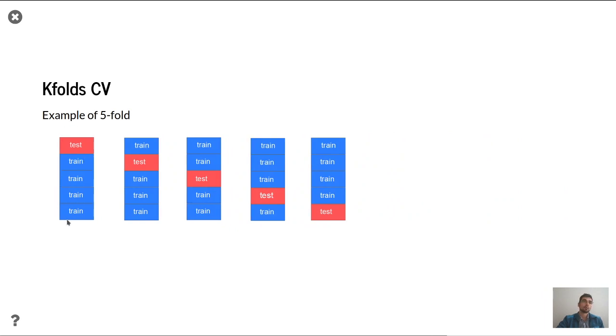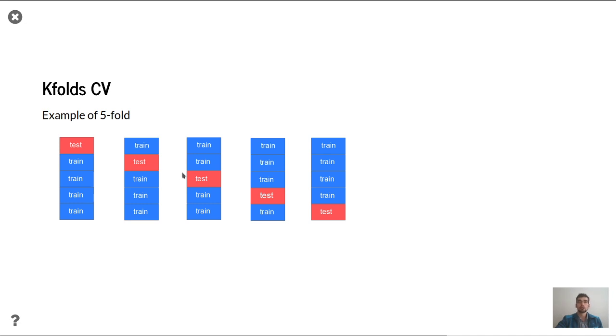For example, we can say that we want to select 20% of our data as the test set and the remaining 80% as the train one. But the problem is that in this case, we use only this small part of our data set to validate the model. And sometimes we want to use more data. We want to validate our model using as many points as possible.